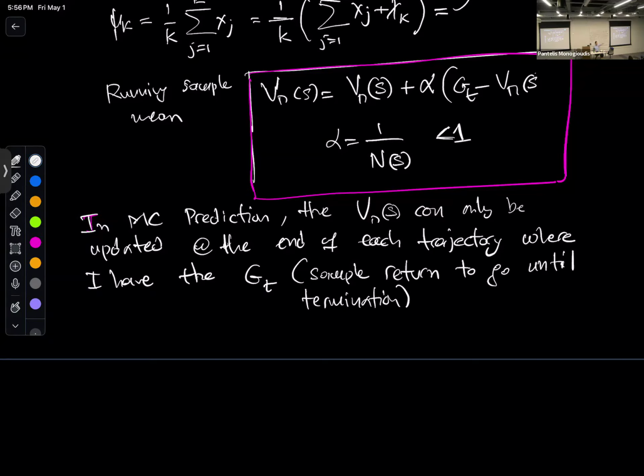Are you following? So this means that every time I have to fine-tune something, I have to crash the car, let's say we're having a robotics use case, crash the robot, let it terminate, then go back and see all the returns, and then maybe I can perform better, crash it again, and so on and so on.